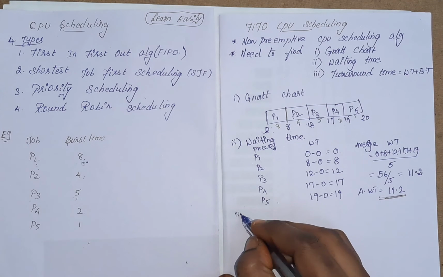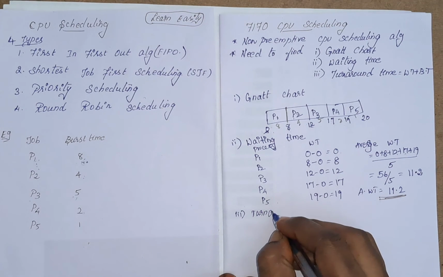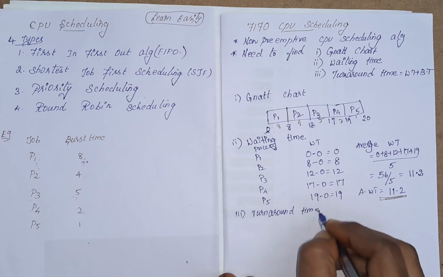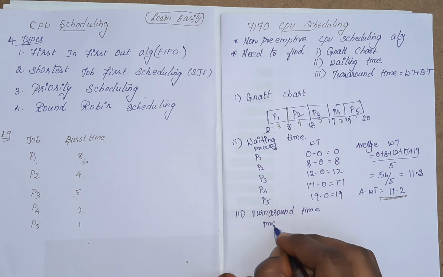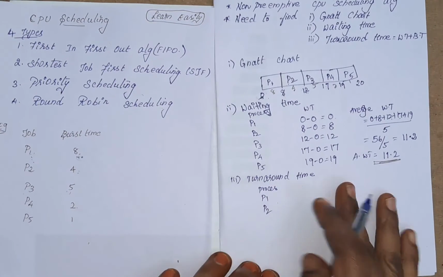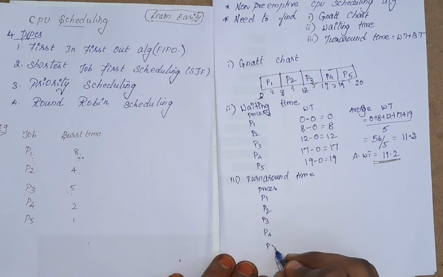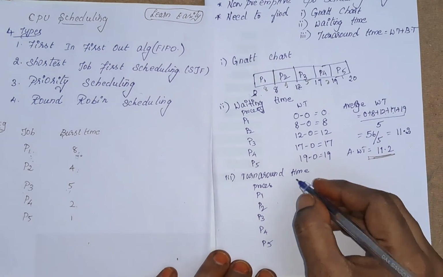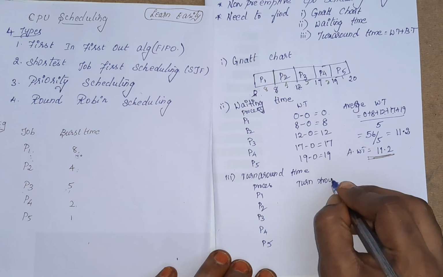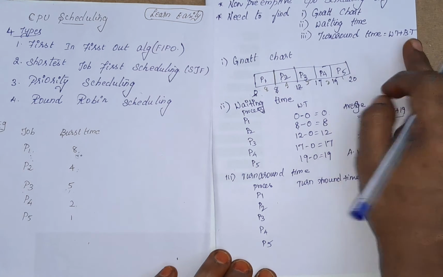Next we have to find the turnaround time for P1, P2, P3, P4 and P5. Turnaround time is calculated as waiting time plus burst time.